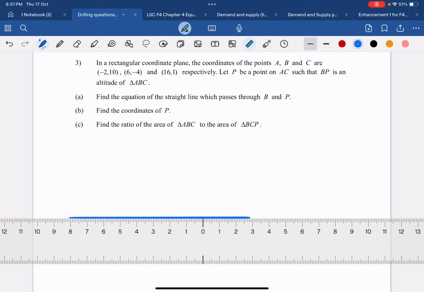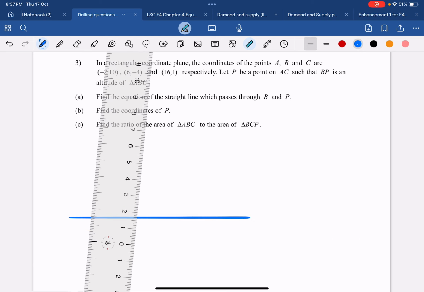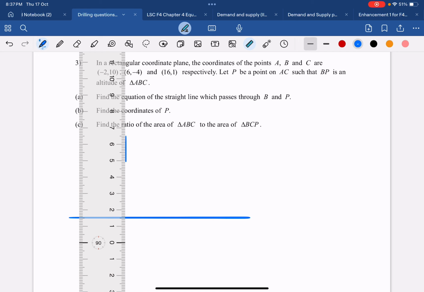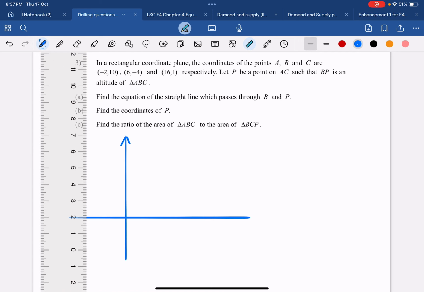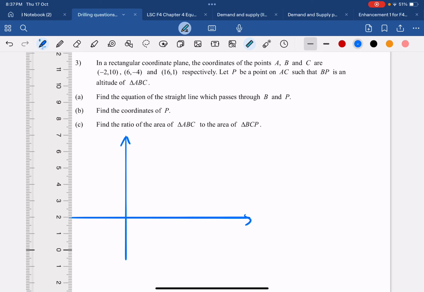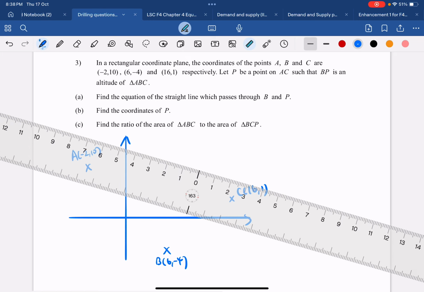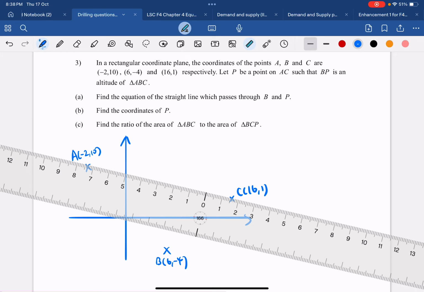So let me see. (-2, 10) maybe somewhere here. (-4, 0) maybe here. (16, 1) maybe here. So let's try to draw a line here.